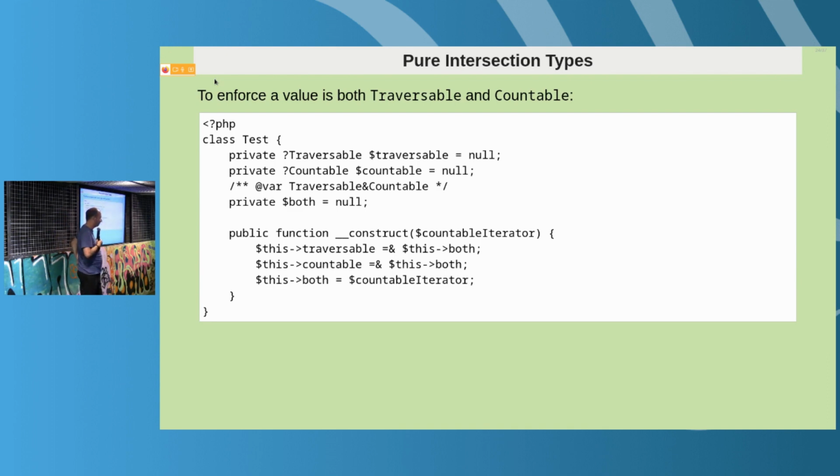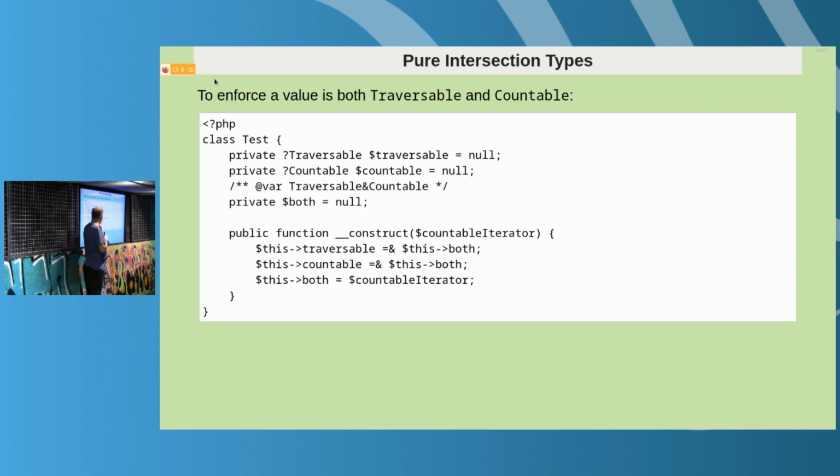how would you do that in PHP? Shall I read through this code and then you all quiver in horror? How interesting this code. Interesting is not the right word. So what it basically does here is we create two properties, one called traversable with a traversable or null type, and then we have private both, and we document that this variable needs to be traversable and countable at the same time.